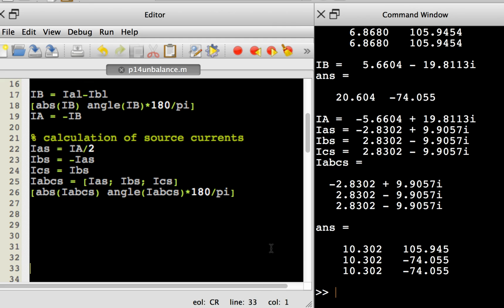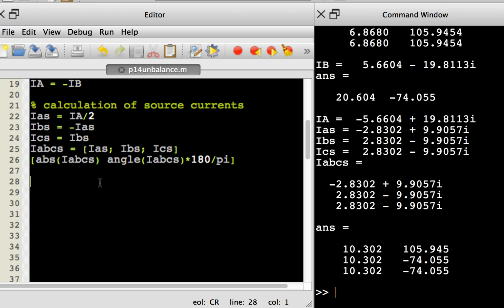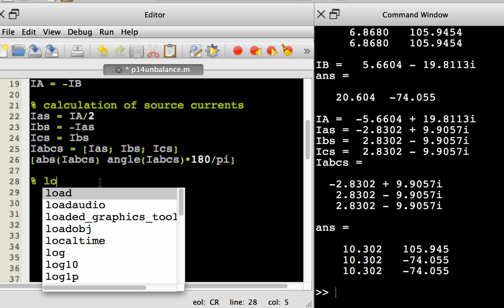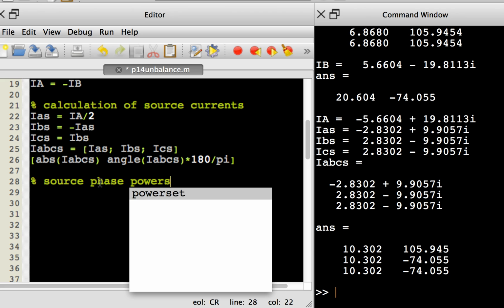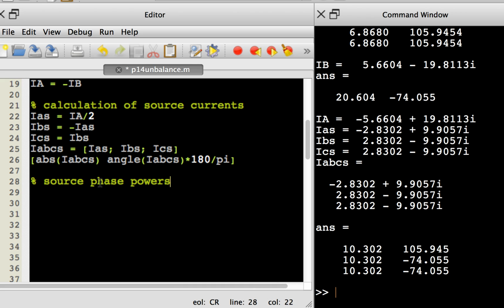Okay, so let's do the calculation of powers. Source phase powers: PA source, PB source. Power means I'm talking about the complex power. In fact, I'll call it SA source, SB source, sorry, SC source.